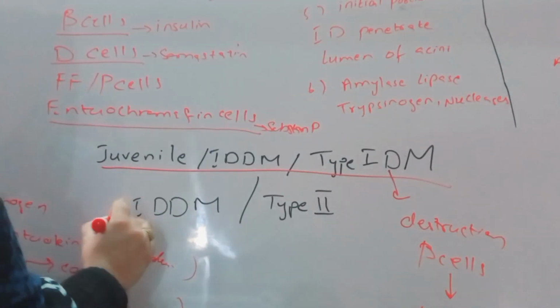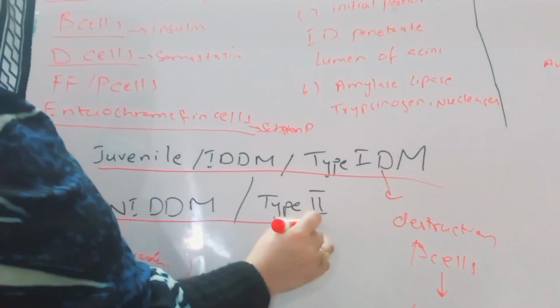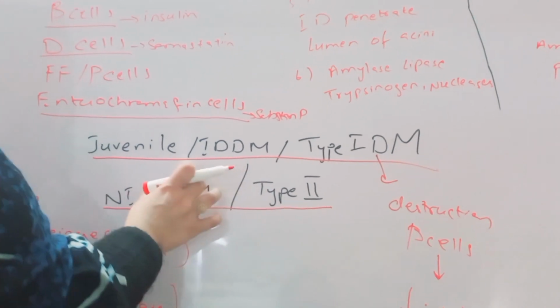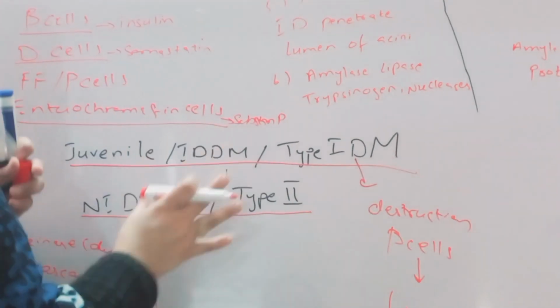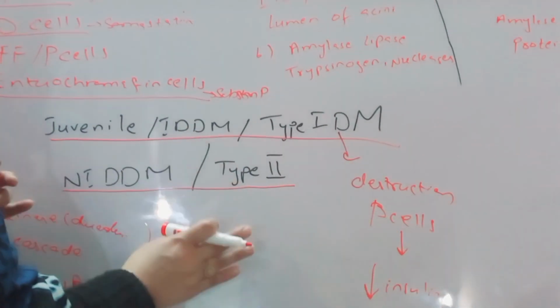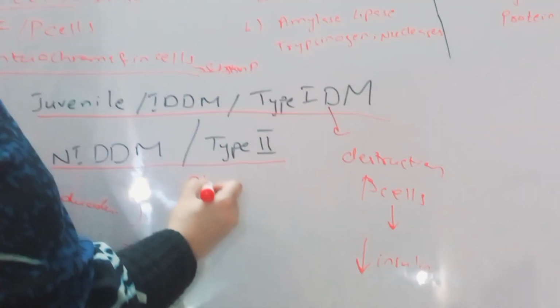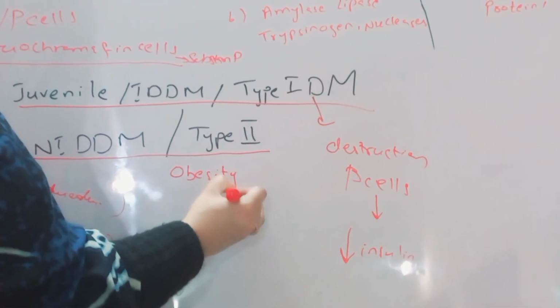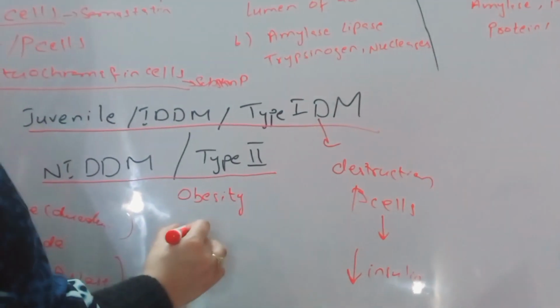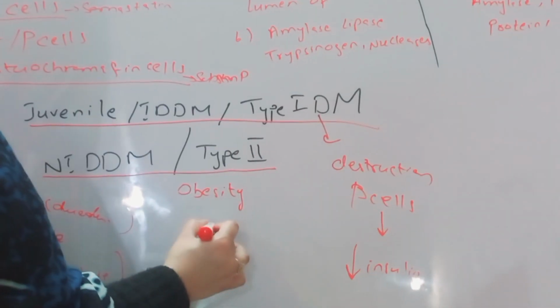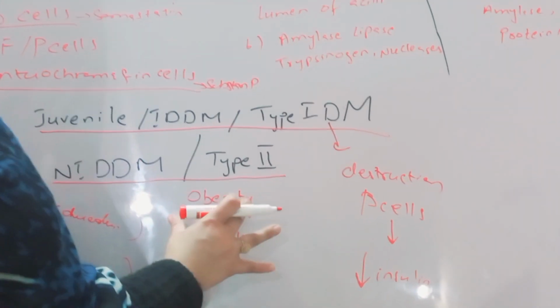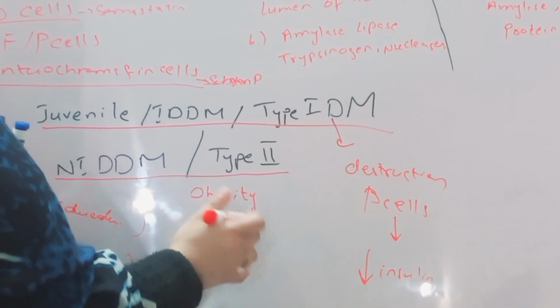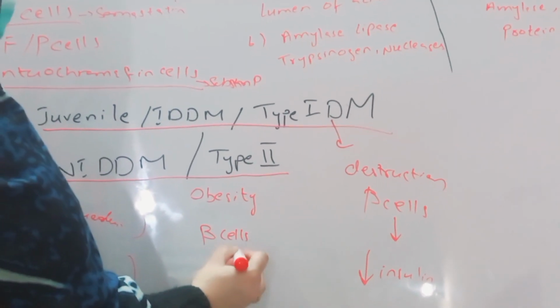The second type is non-insulin dependent or type 2 diabetes mellitus. In this, the insulin production is normal, beta cells are normal, but due to obesity, the beta cells become non-responsive, and our body becomes non-responsive to the insulin.